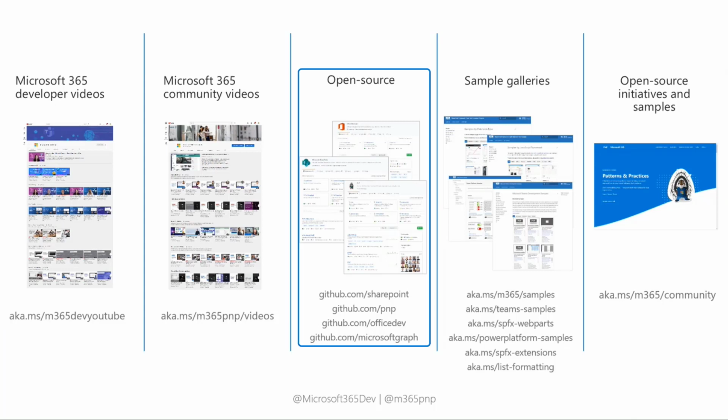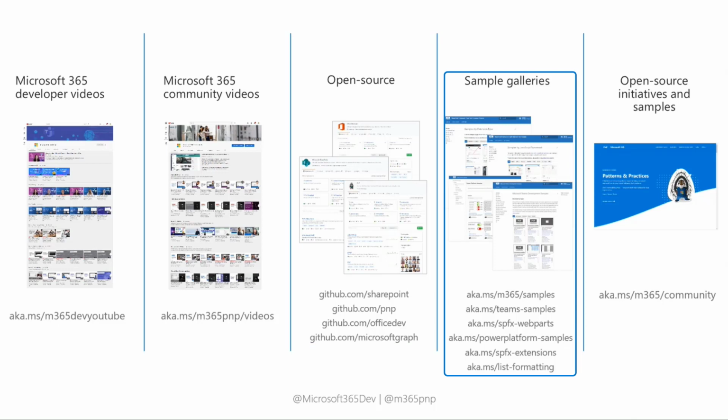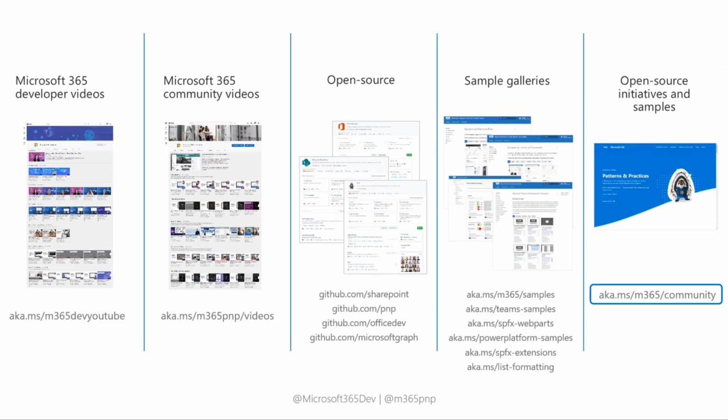We also have initiatives and programs available for you for GitHub, PnP, Office Dev. Those are all available via GitHub. We also have sample galleries aplenty. We talked a lot about those, and we'll talk more about them here in a few minutes. And you don't have to remember all of these links. There are a ton to remember, but you only need to remember one. aka.ms/m365/community will give you access to all of these samples and resources that are available to you.